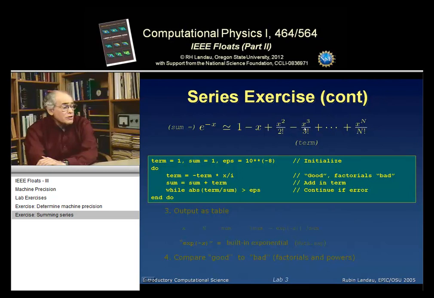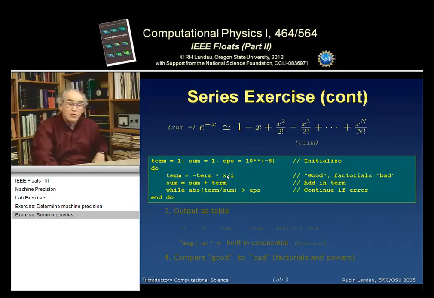But if you look at how one term is related to the preceding term in the series, each term just increases by a single power of x divided by wherever you are, n, small n if you want, the index of the code. So if we do this for i being an integer, and we just change the new term to be equal to the old term times minus 1 times x over i, we never have to calculate factorials. So this is what I call the good way, good in quotes.